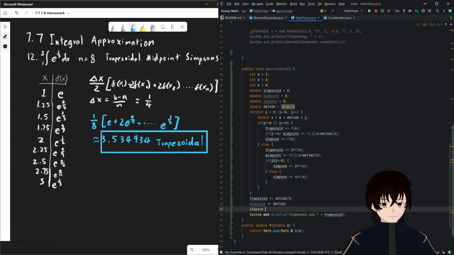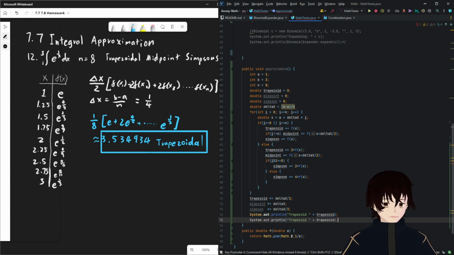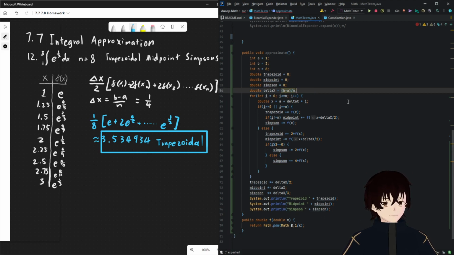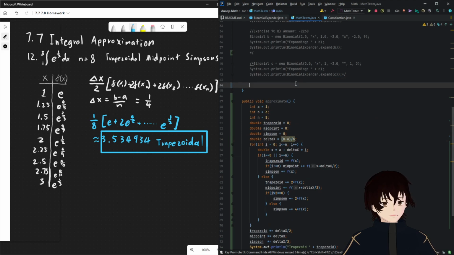Simpson times equals delta x divided by 3, if I remember correctly. Trapezoid approximation. Let's just call it trapezoid. This is going to be midpoint. This is going to be Simpson. Midpoint, Simpson. Approximate.